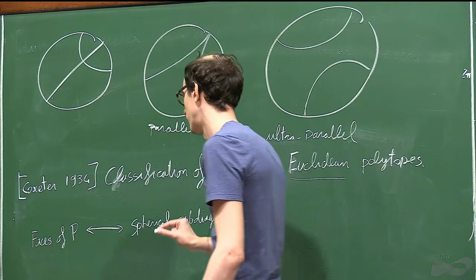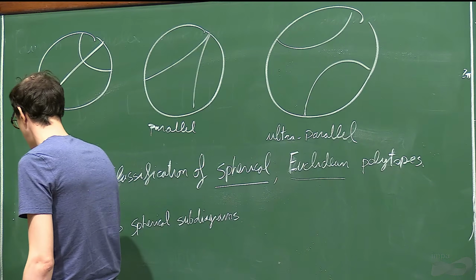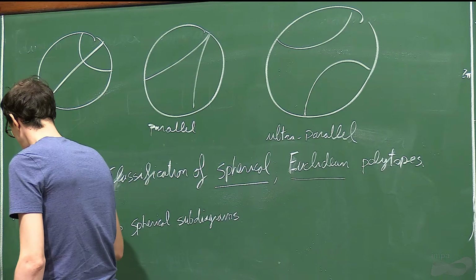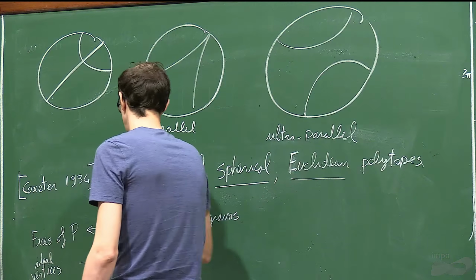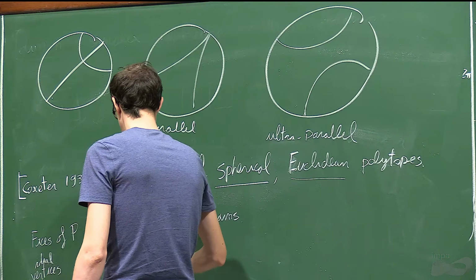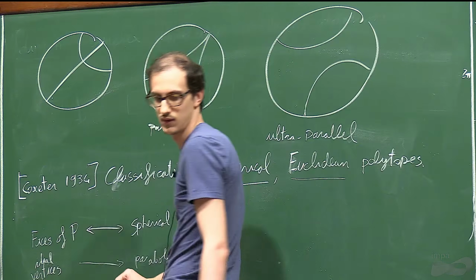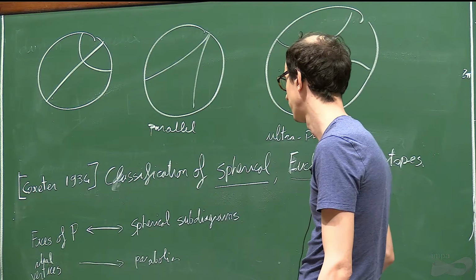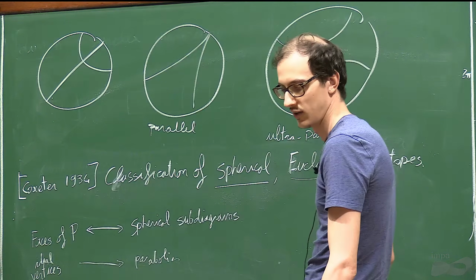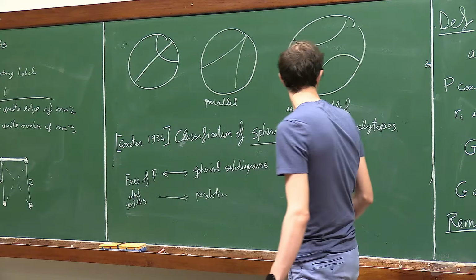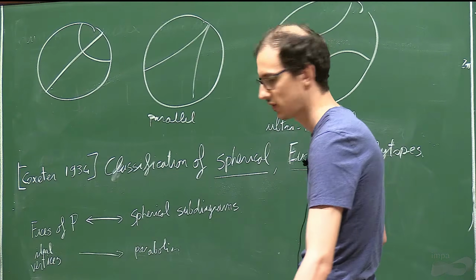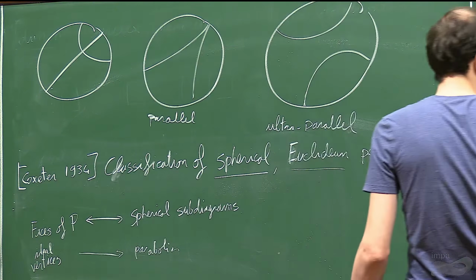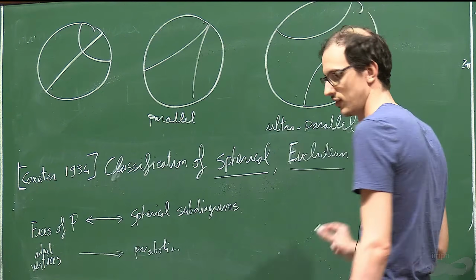Maybe this is also imprecise because there are ideal vertices, they will correspond to parabolic subdiagrams, etc. And so I guess I need to say something yet. I think I deleted the picture.